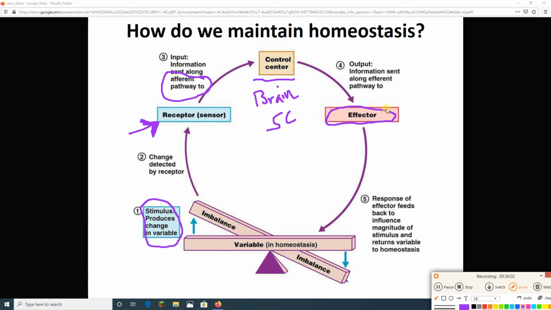Now, the pathway from the control center to the effector is called the efferent pathway. Efferent means carrying away. So we're going away from the control center here. And it's usually nervous or endocrine in nature. So this is our basic homeostatic feedback loop. And we maintain variables all the time. And we maintain homeostasis. And we stay alive.